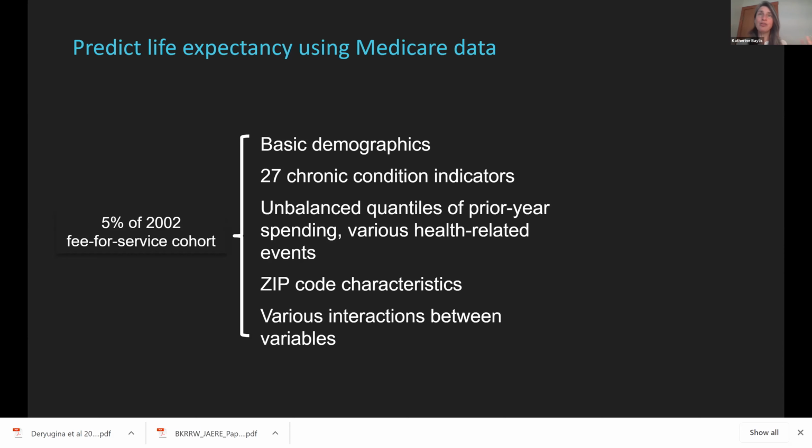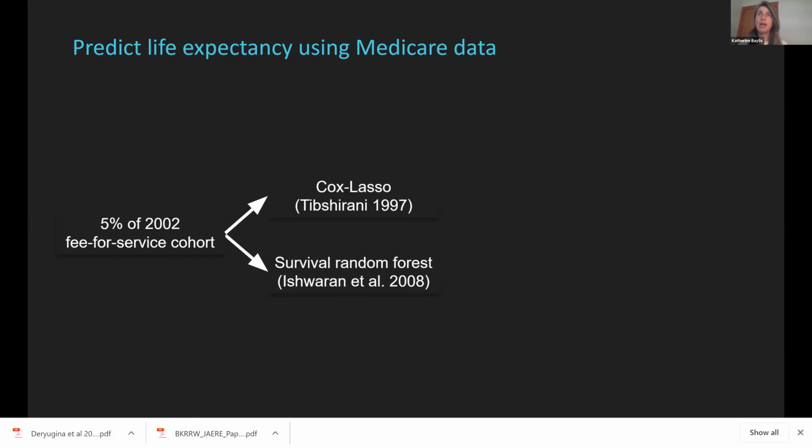And so they're going to use machine learning in this context to predict life expectancy. Okay, so they use a couple of different machine learning methods, and essentially all of these variables, features to try and predict life expectancy.